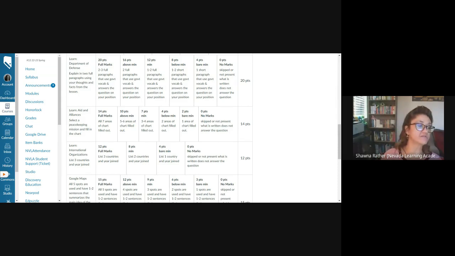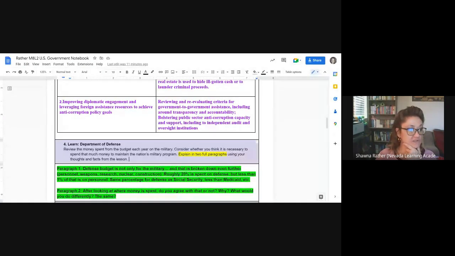For the Department of Defense, it says review the money spent on the budget each year from the military. Consider whether you think it is necessary to spend that money to maintain the nation's military program. Explain in 2 paragraphs minimum your thoughts and facts from the lesson. The way I broke it up, paragraph 1: think about the budget, right?